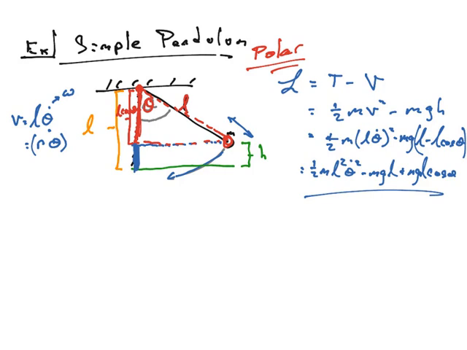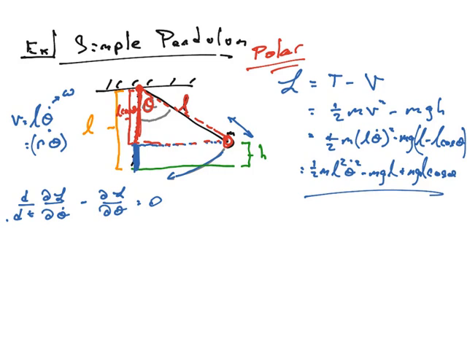What's next? Now all I have to do is take the time derivative of the partial of the Lagrangian with respect to the time derivative of my coordinate, and in that case, it's theta dot, minus the partial of the Lagrangian with respect to the coordinate itself, theta. That must be equal to 0.